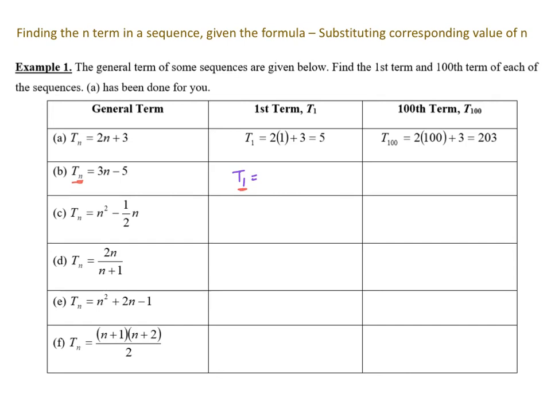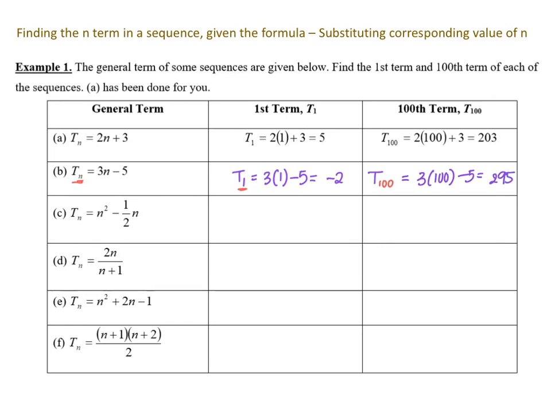Then I sub into my formula and I get 3 times 1 minus 5, which gives me the answer negative 2. If I want to find term 100, that will be T100, and n is now 100. Substituting it into this formula, we have 3 times 100 minus 5. That gives me 300 minus 5, which is 295.